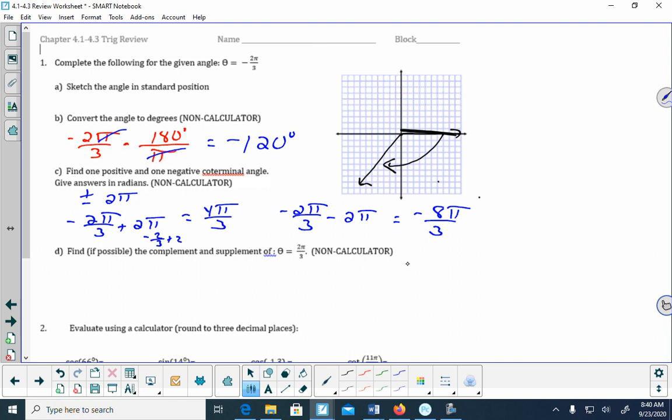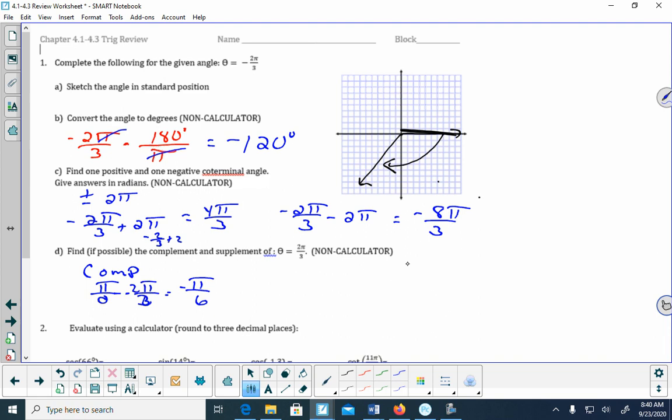Now, if possible, find the complement and supplement of 2π over 3, and we changed it to positive. If I go to do the complement, it's in radians, so I would start with π over 2 minus 2π over 3, and that's a minus sign. When I do that, I would get a negative π over 6.